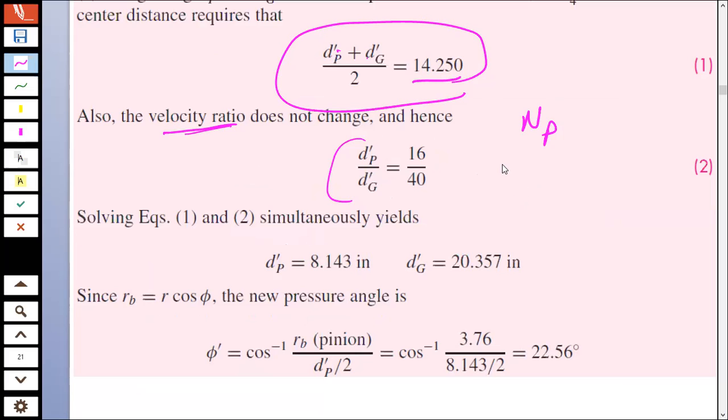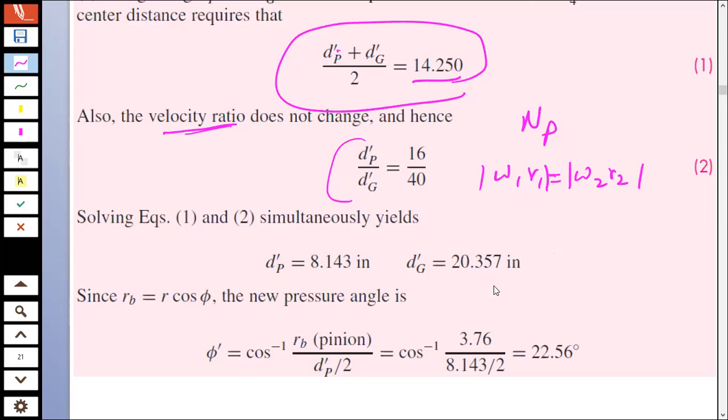If you remember, we said that omega 1 r1 is equal to omega 2 r2. Ignore the sign, we are taking the absolute values of these.